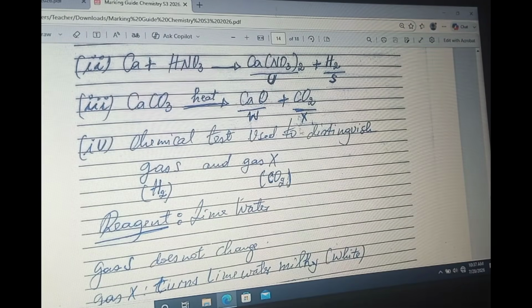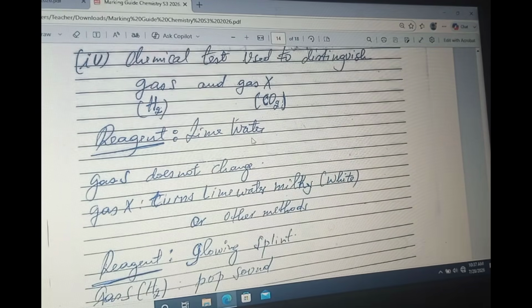(iv) Chemical test used to distinguish gas S and gas X. Gas S is hydrogen and gas X is carbon dioxide. First, we use the reagent lime water. If you put lime water in gas S, hydrogen, it does not change. But if we put lime water in carbon dioxide, it turns the lime water milky.